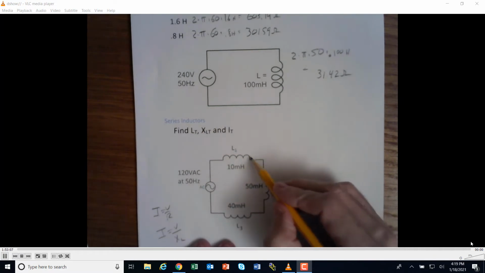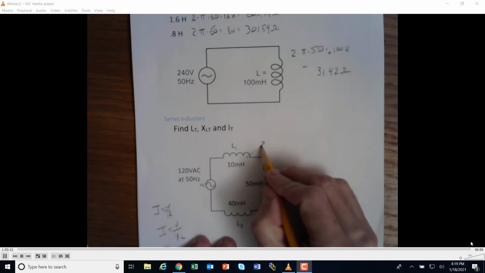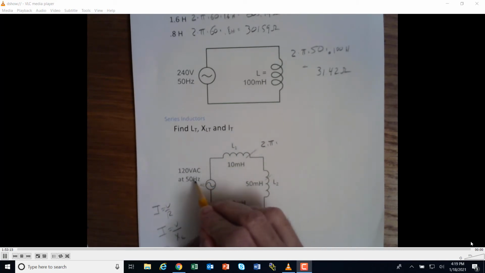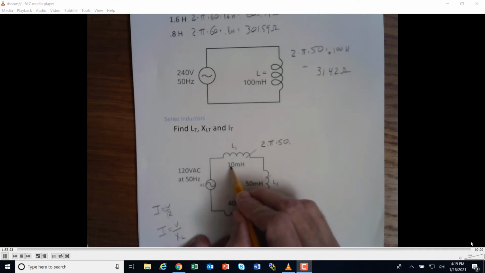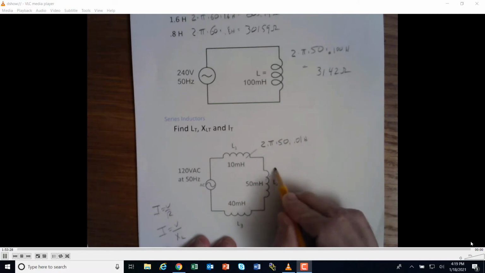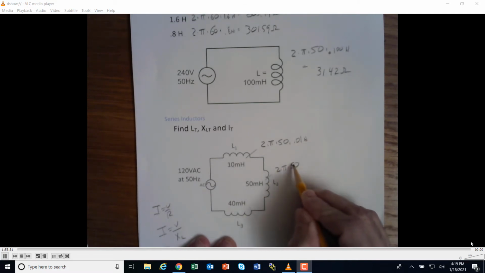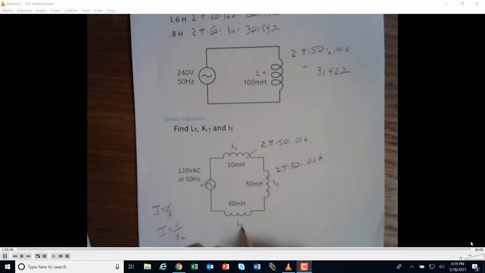So we can do each one of these like we just did a minute ago, where we went 2 times pi times 50 hertz, times, and this is milli, so it's 1, 2, 3 places, 0.01 henries. Looks like this one is going to be 2 times pi times 50 times 0.05, and this one right here is going to be 2 times pi times 50 times 0.04 henries, okay?